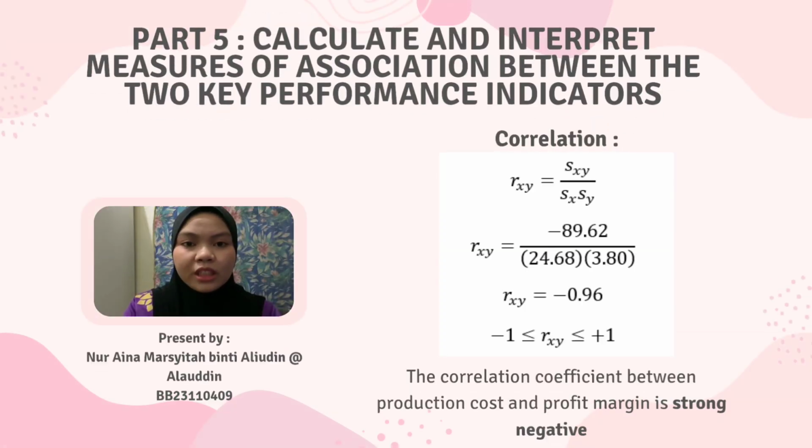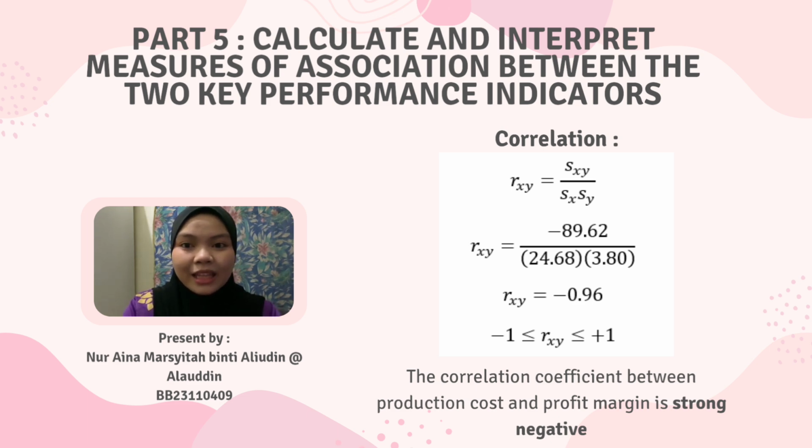Next, the correlation coefficient describes both the direction and the strength of the relationship between two variables, x and y. To find the correlation coefficient, you can use the formula shown in the slide. So, the correlation coefficient between production cost and profit margin is negative 0.96.